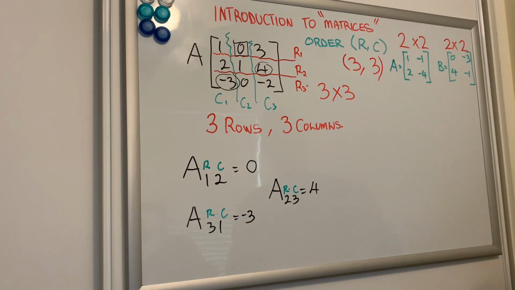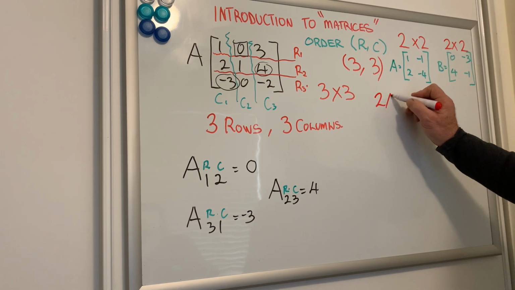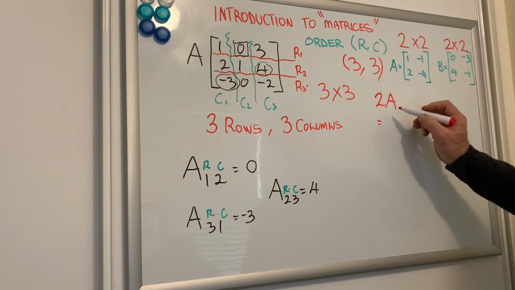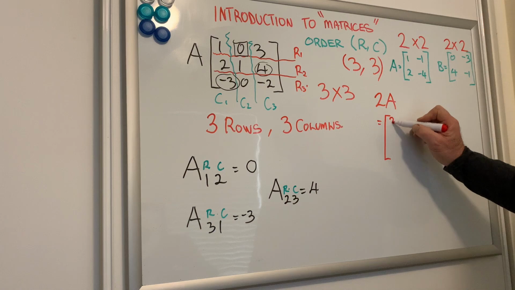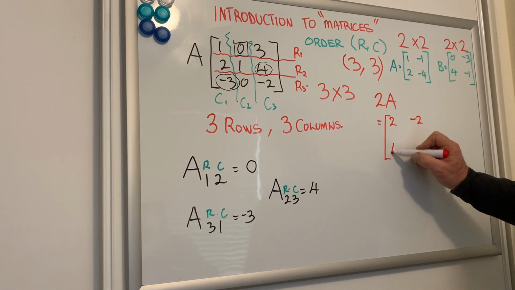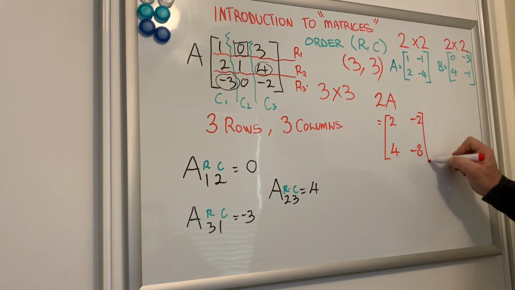Let's have a look at another example of 2 times A, which is equal to, so 2 times matrix A is the same as saying 2 times 1 is 2, 2 times minus 1 is minus 2, 2 times 2 is 4, 2 times minus 4 is minus 8.